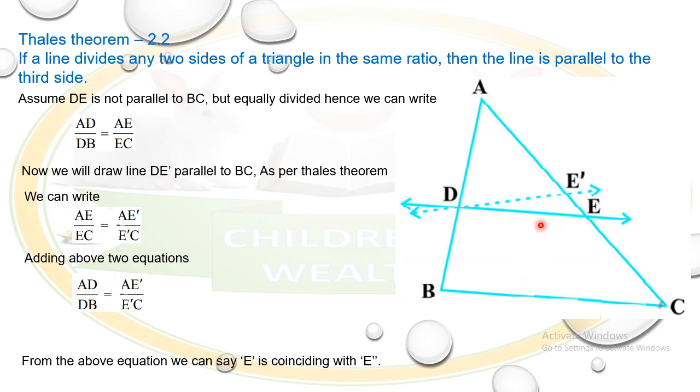Either DE or DE dash is parallel to BC. This is what Thales theorem 2.2 says.